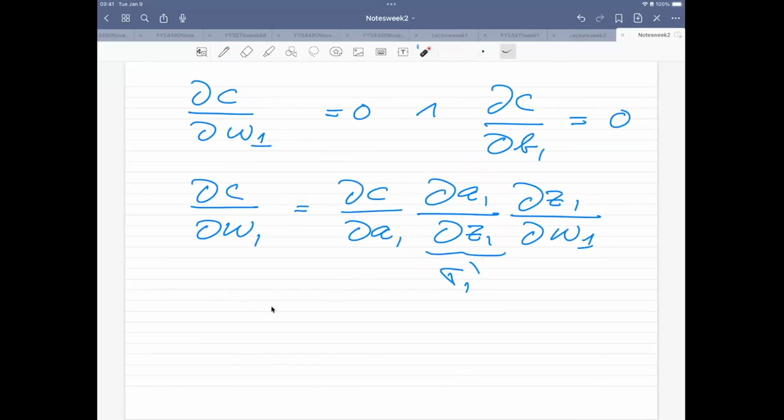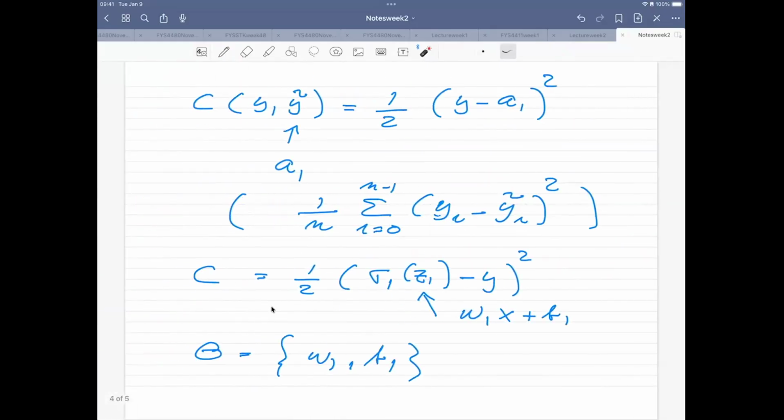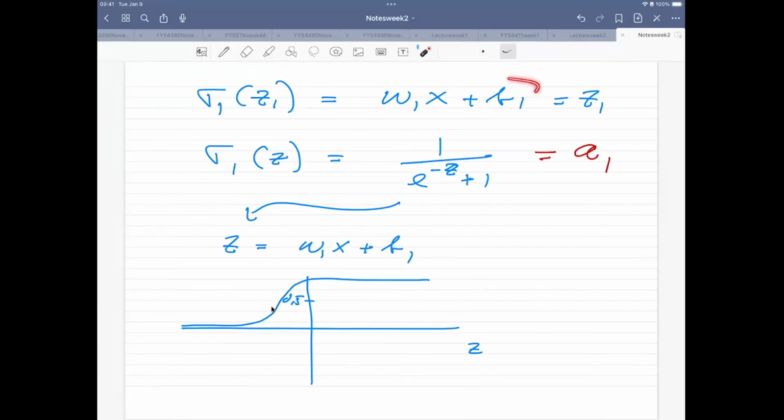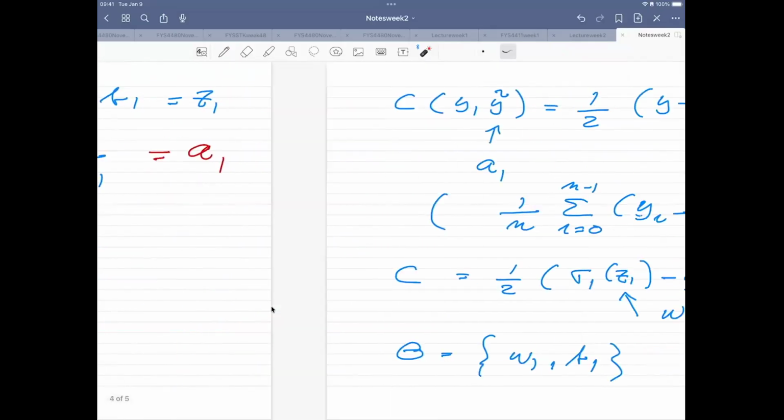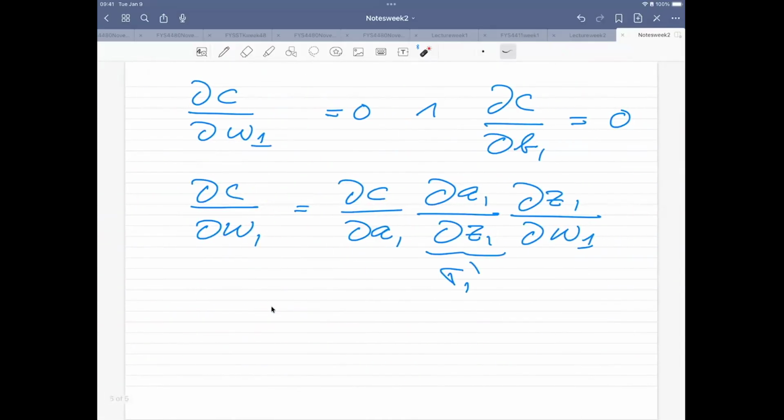And then we have the final one, the derivative with respect to W1, and that's the one which we can compute from the explicit assumption we've made about the network. So based on the parameters, we have a possibility to calculate that derivative.